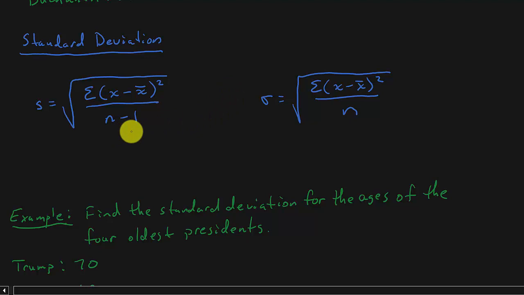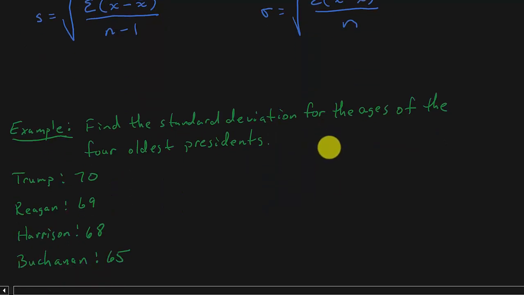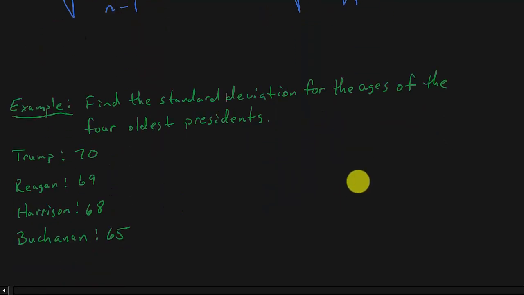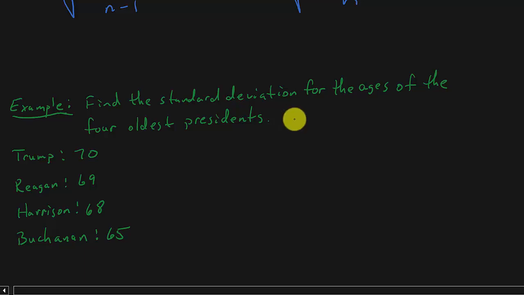Now, instead of me sitting here trying to explain this more, let's look at the example and see what happens. First, let's write down the formula: the sum of x minus x bar squared over n minus 1.